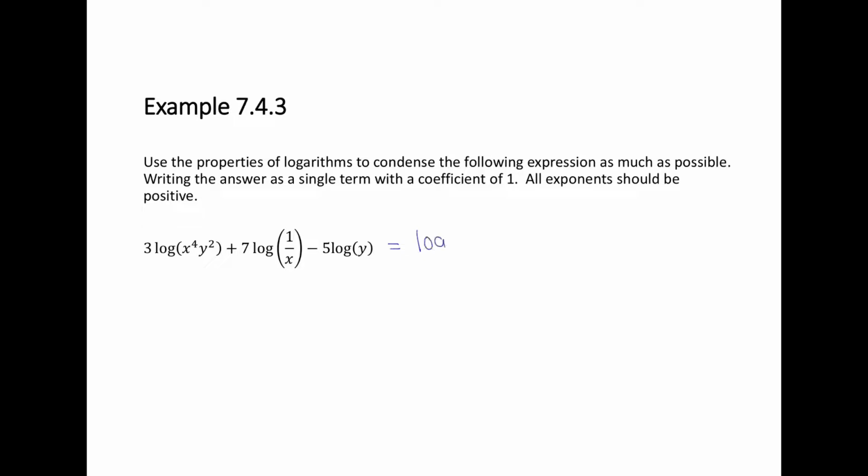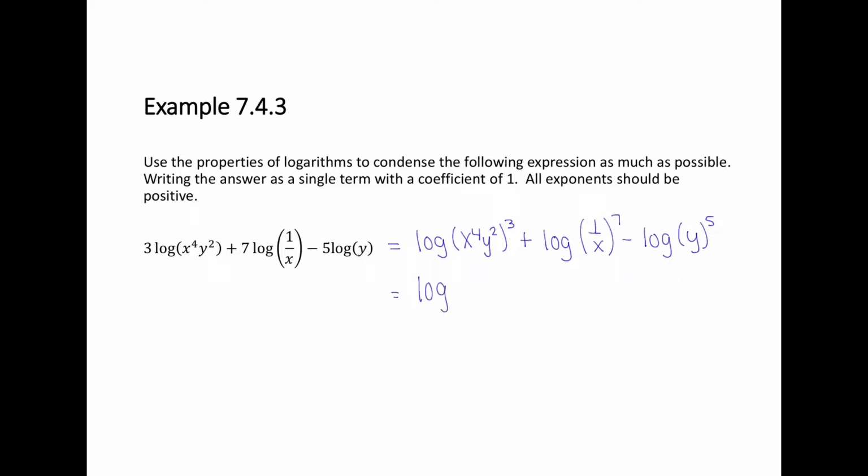So I'll have log of x to the 4th y squared to the 3rd plus log of 1 over x to the 7th minus log of y to the 5th. Okay. Now the next thing that we're going to do is we're going to just use our exponent rules and simplify these arguments.